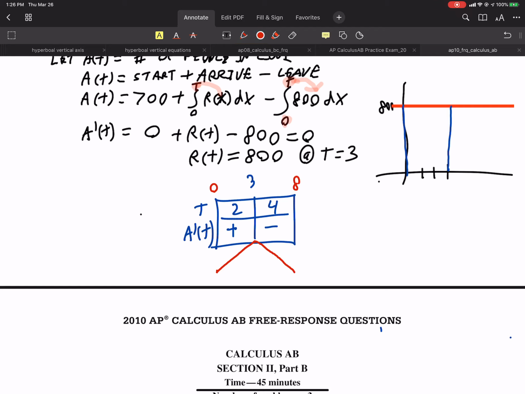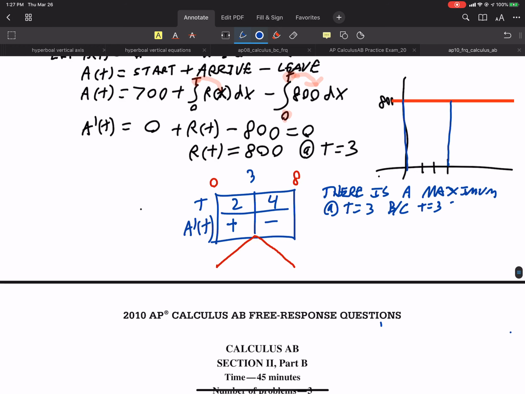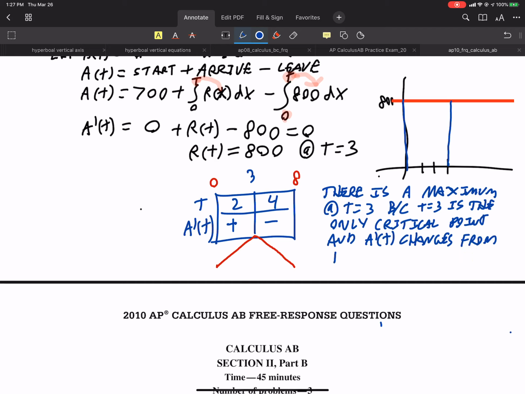So we could actually write that out. We can say there is a maximum at t equals 3 because t equals 3 is the only critical point and a prime of t changes from positive to negative at t equals 3.